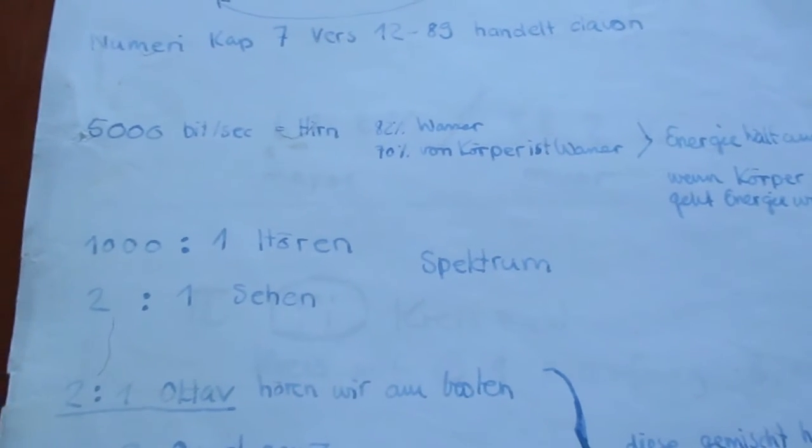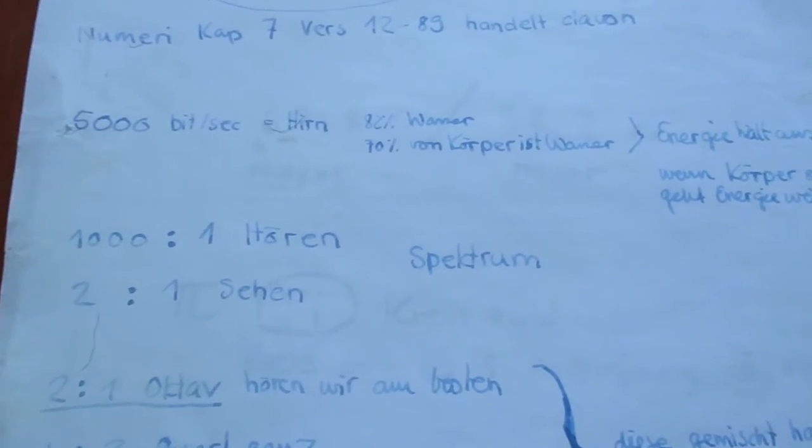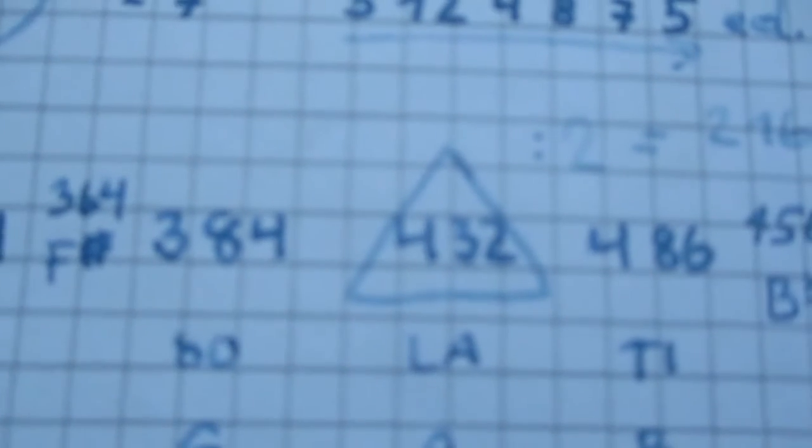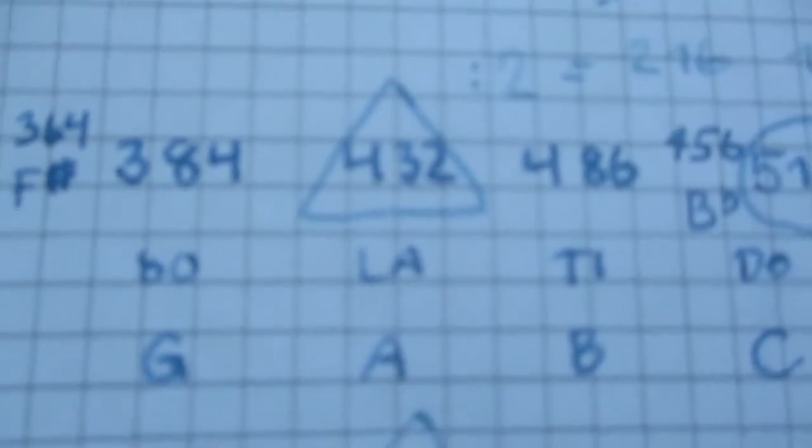So the solfeggio is a misleading tuning system, so when people want to find out about the right one, they will have to dig into this Vedic system, the Pythagorean tuning, or it's also called, because here we had it, this number 432 Hertz tuning, it also is called on YouTube.